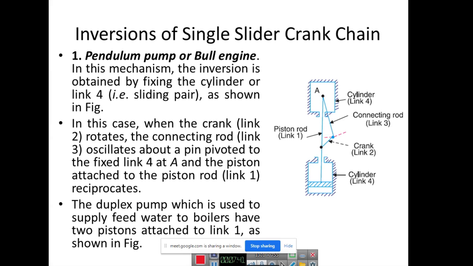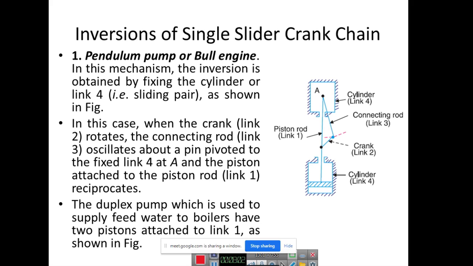So let us see the different inversions of the single slider crank chain. First we see the inversion pendulum pump or Bull engine mechanism. In this mechanism the inversion is obtained by fixing the cylinder, or link 4. So this is the fourth inversion, when the slider is fixed.